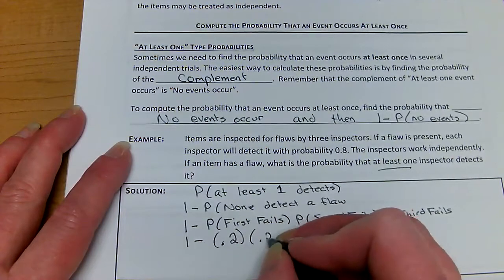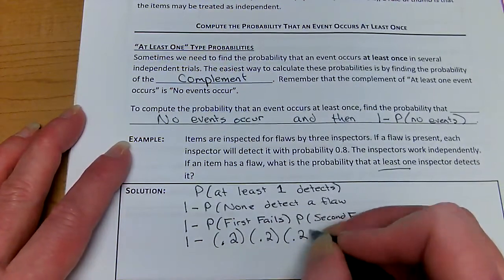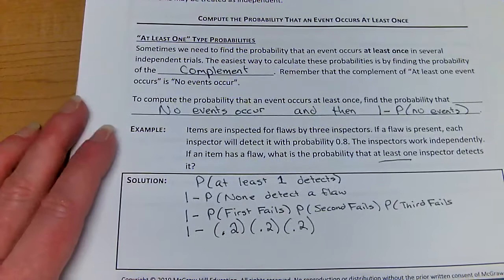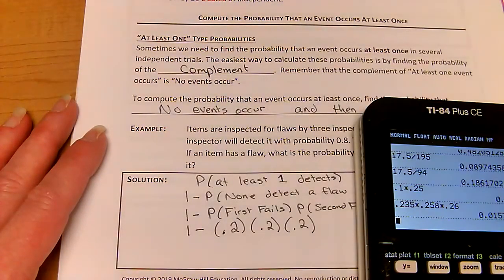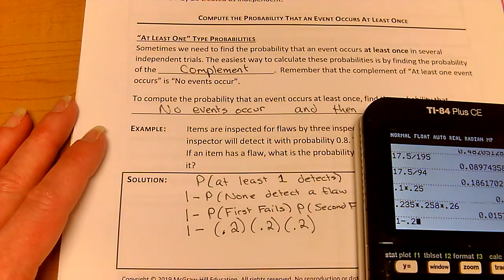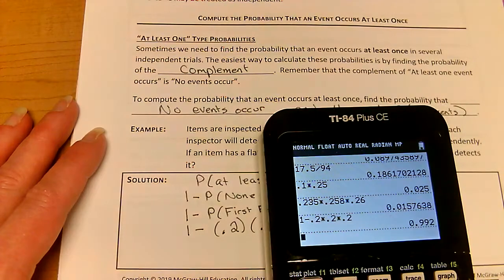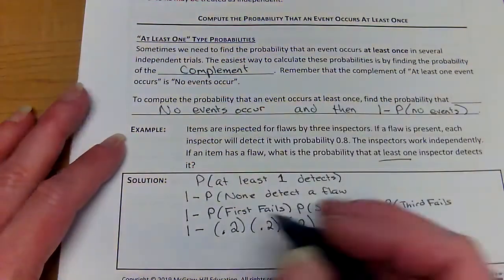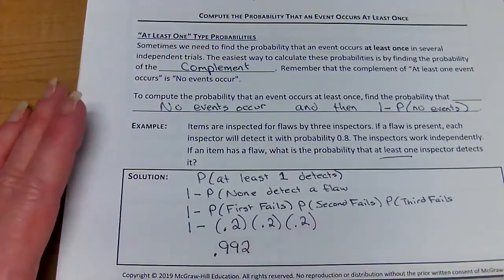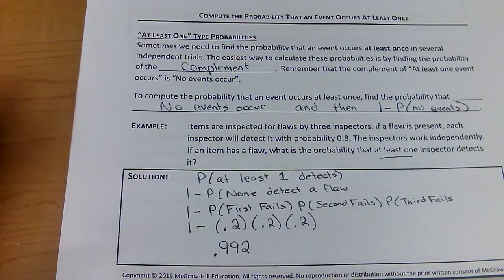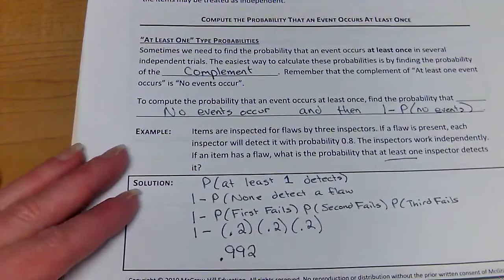So for each of those inspectors, failing to detect would be a 0.2. So 1 minus 0.2 times 0.2 times 0.2 gives me 0.992. And that kind of makes sense. At least one defect is found. Yeah, it's going to be pretty high.